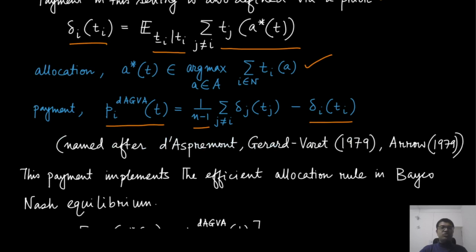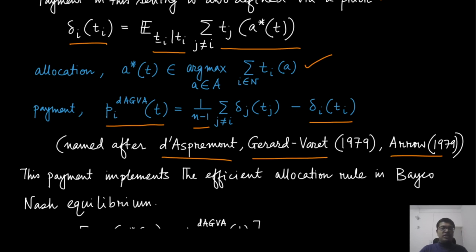This payment rule has a name. It is named after the inventors, d'Aspremont, Gérard-Varet, and again independently done by Arrow. So the mechanism is called dAGVA, giving credits to all of them.